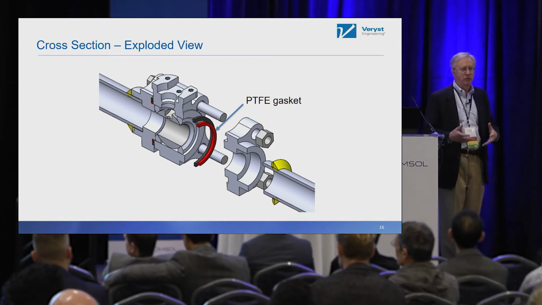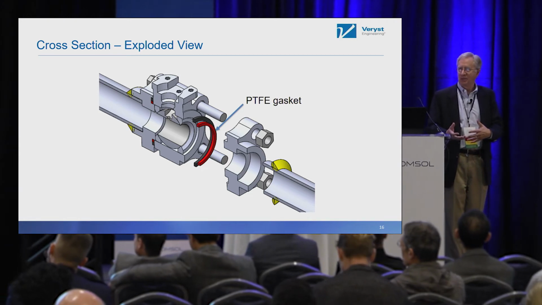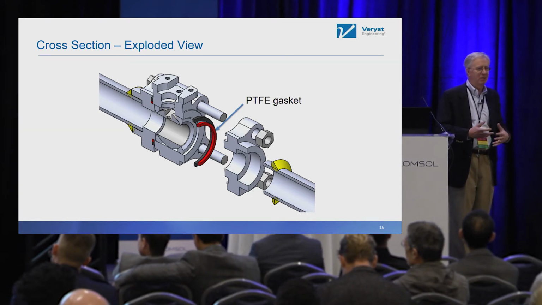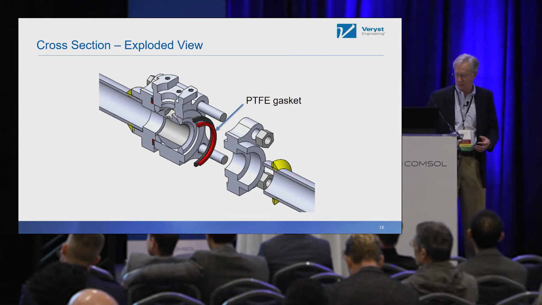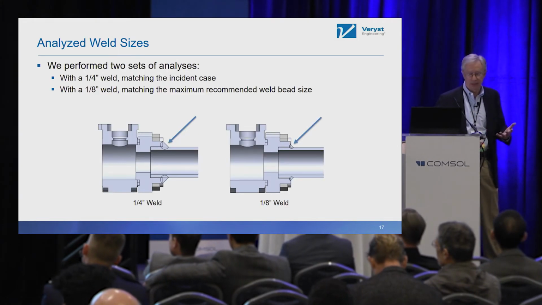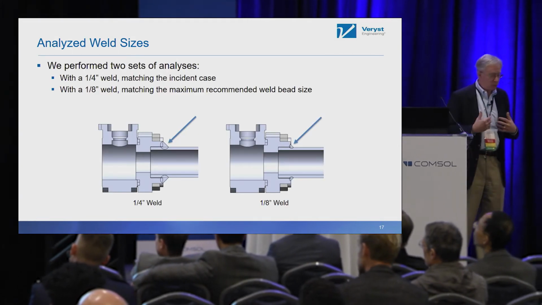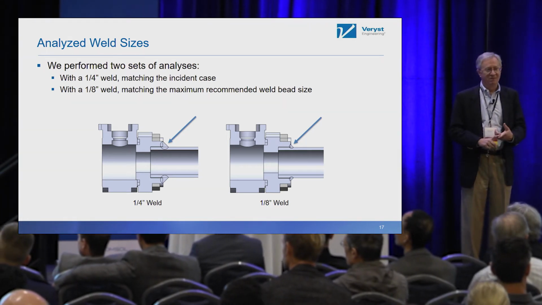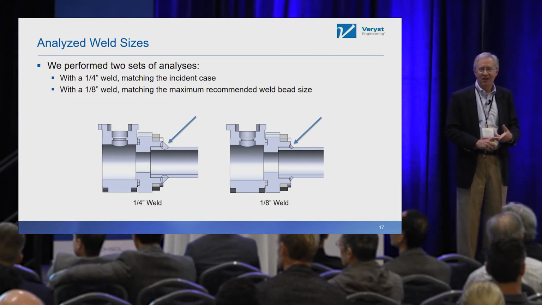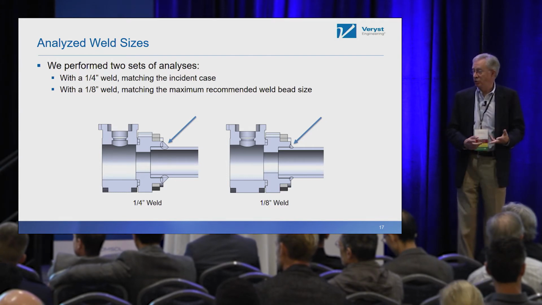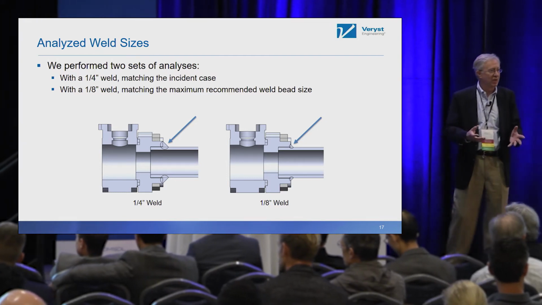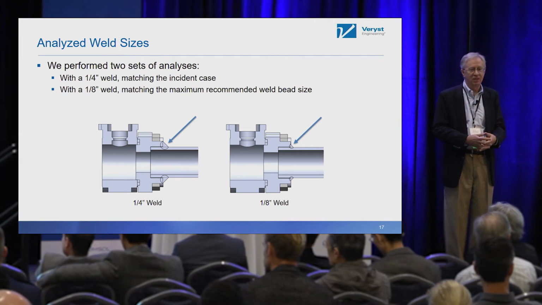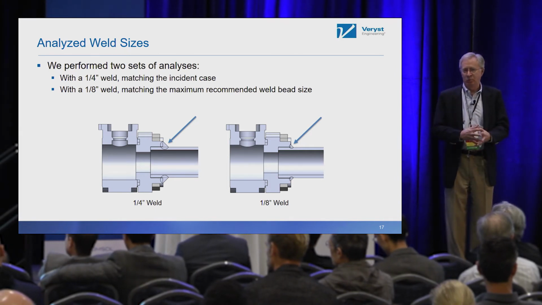So really the question is, when you weld it properly, or you don't weld it properly, what happens to the temperature of the gasket, and what does that do? Because we want to maintain the seal in the valve. We performed 2 sets of analyses. One with the weld as manufactured, one as it should be recommended, but we had the problem that the valve in question had long since been disposed of.